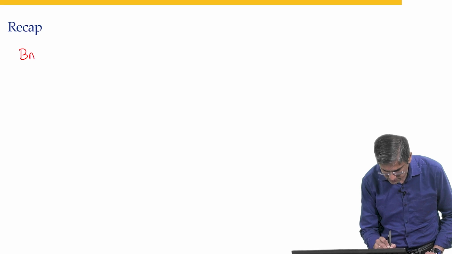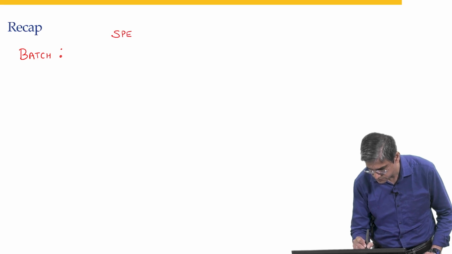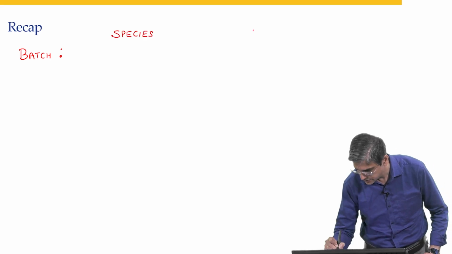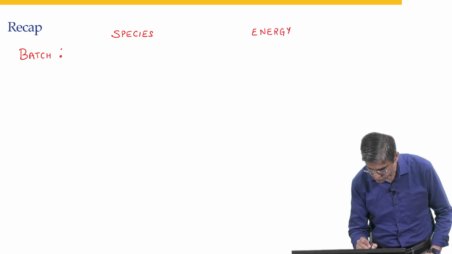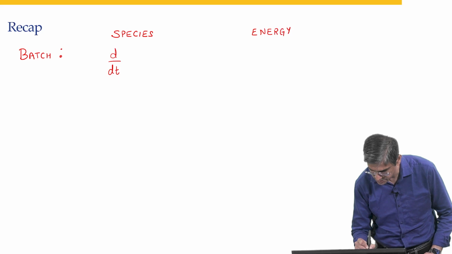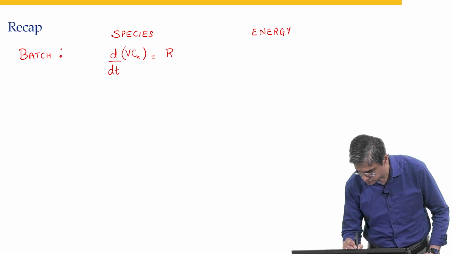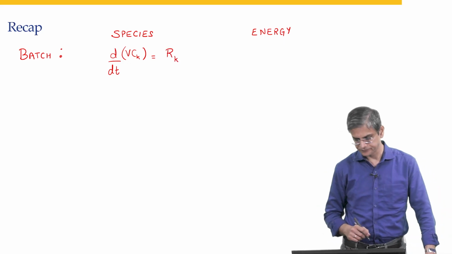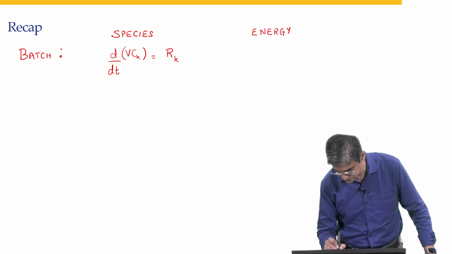When we are talking about batch reactors, there is no in and out. So, species and energy. Species balance ends up becoming d by dt of V Ck equal to Rk, if you have multiple systems.